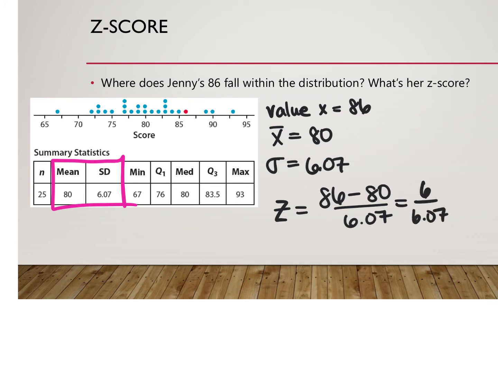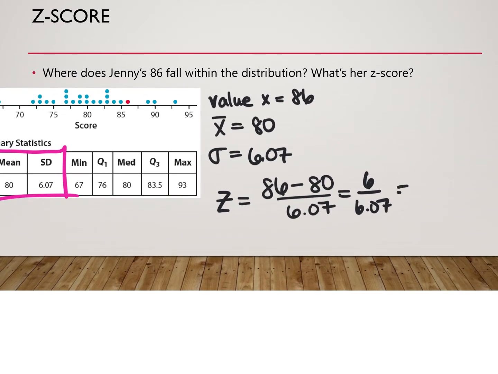If you try to put it all in your calculator without parentheses around the numerator, you're going to get the wrong answer because it's going to divide the 80 by 6.07 and then subtract that from the 86. So make sure you do the 86 minus 80, if you're going to do that in the calculator, not in your head, hit enter, and then divide by 6.07.